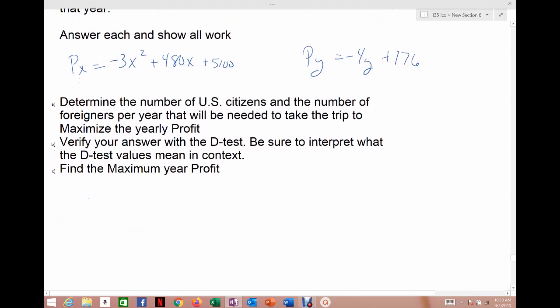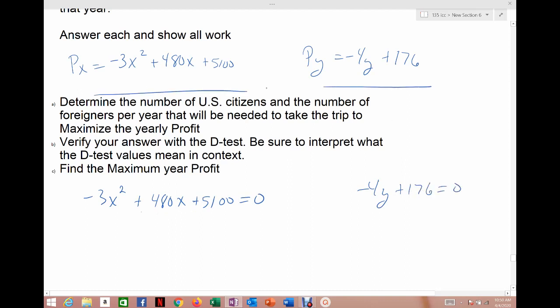I'm going to do my work down here. It's only x values in this one, only y values in that one, and so I'll just solve the first equation for x. So set it equal to 0, and I'll solve that for x, and solve the second equation for my y. So there's my first derivative with respect to y, and then x.